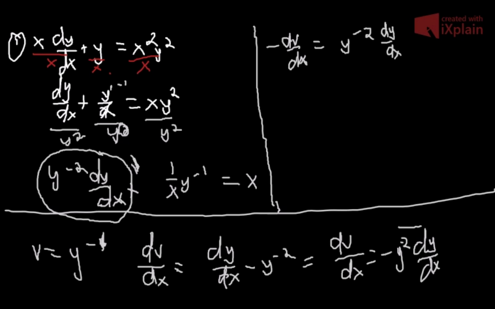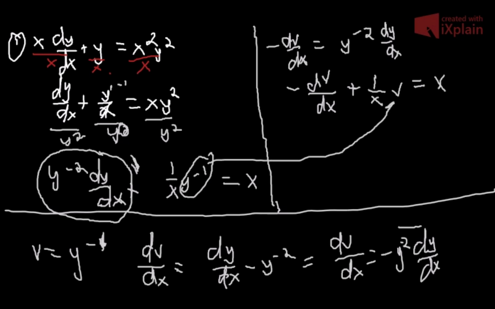So now it is easy for us to substitute it here. So it's going to be negative dv over dx plus 1 over x v equals x, because here we are putting v, since we said it is equal to this, right?